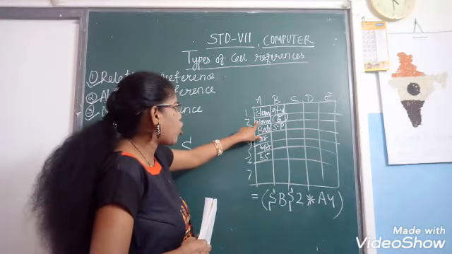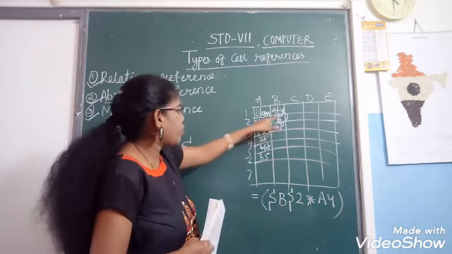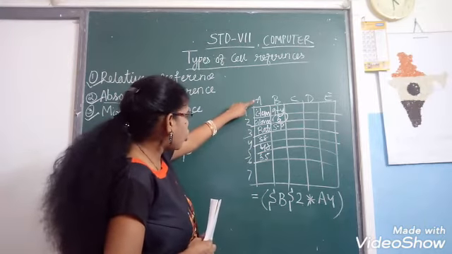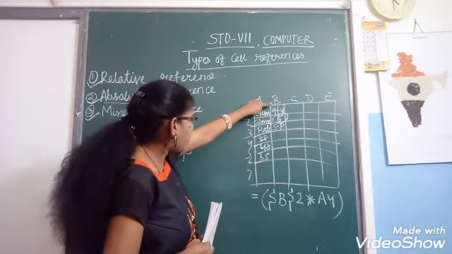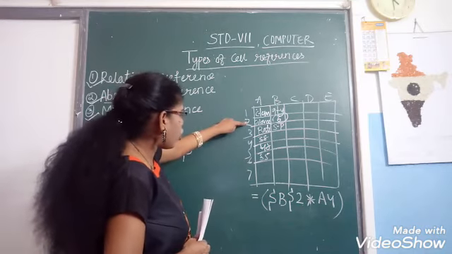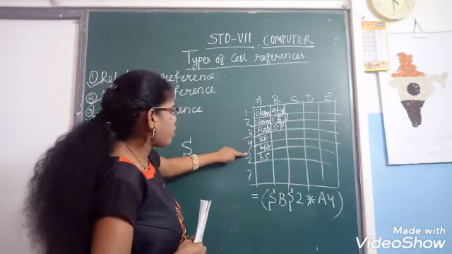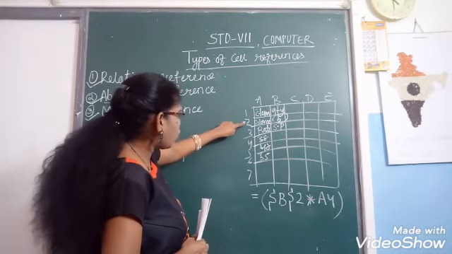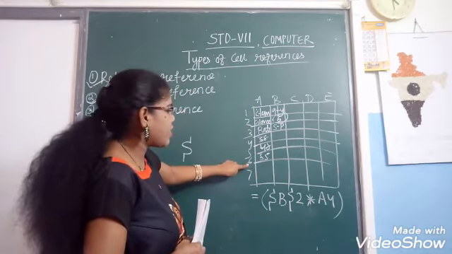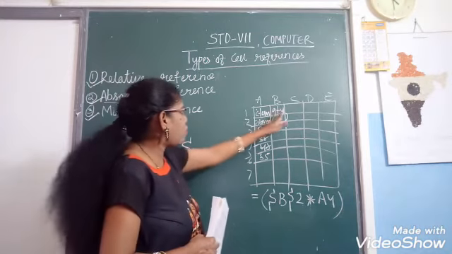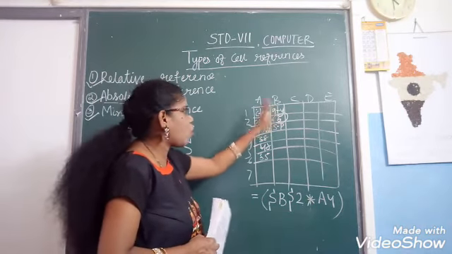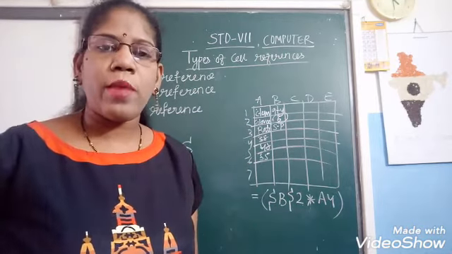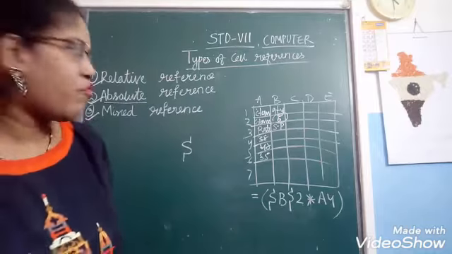The same, the row, then column. Then it is coming in row 5. Then again we are writing $B$2 into A5. Then $B$2 into A6. So here both are coming constant. The row and column are coming constant. That's why it is called an absolute reference.